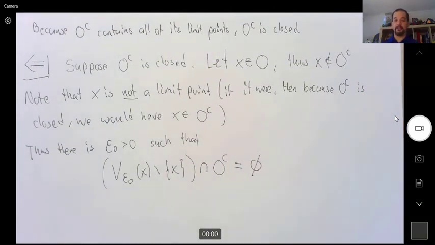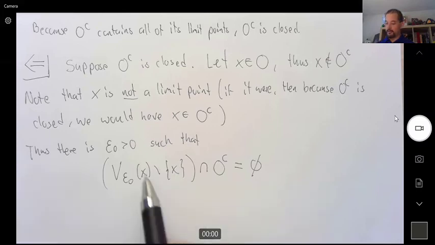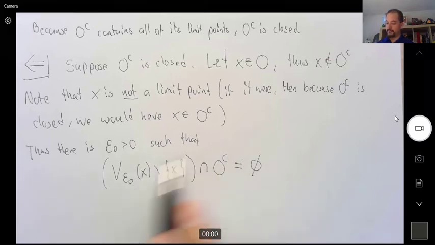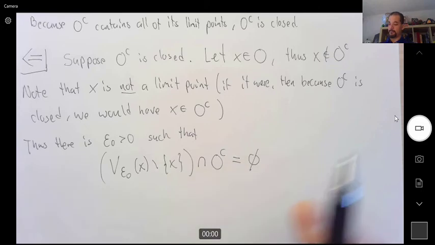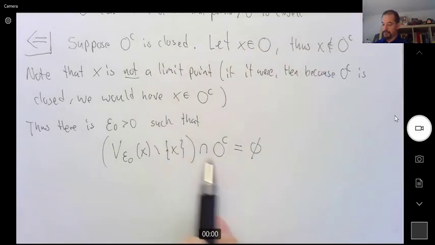I negated the definition. What is the negation of some definition? The negation of "for every epsilon something happens" is "there is an epsilon where it doesn't happen." The property not happening is that this is empty. All right, and we're almost done, because what is the meaning of this?